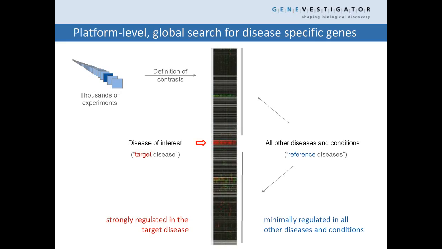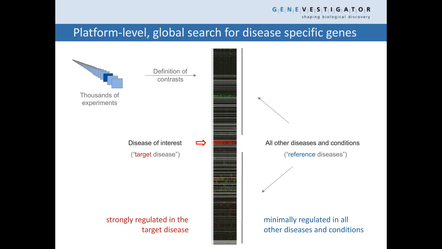Now the reason why this is platform level is that we need to have a data matrix where we are measuring the same genes in the same way so that we have comparable measurements. So unfortunately we cannot mix all kinds of microarrays and RNA sequencing platforms to do that on the one hand, but still, if you have a compendium large enough with several hundred diseases and potentially thousands of different compounds and conditions, you will have an excellent starting point to find genes that are specific for a disease.